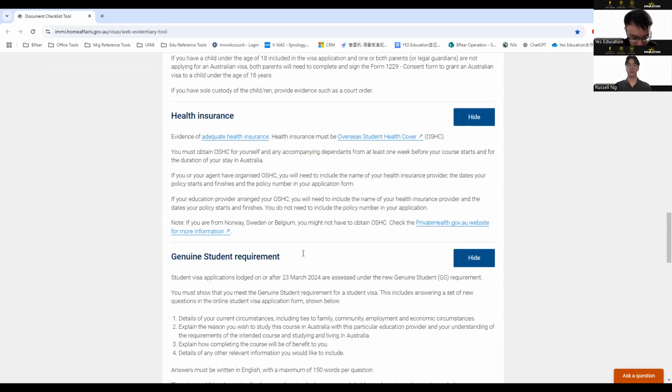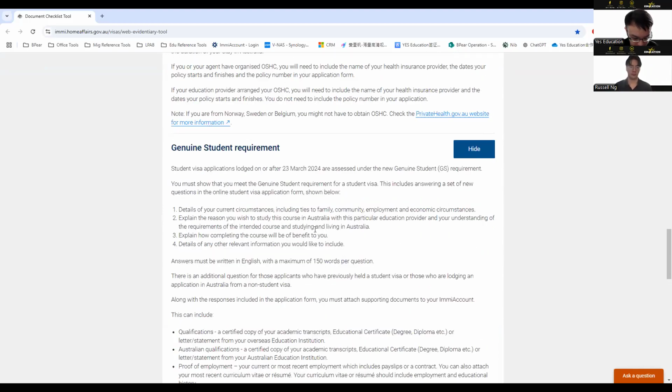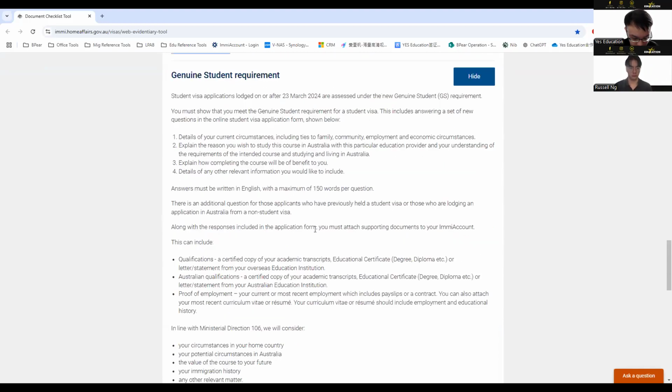Health insurance, genuine student requirement. You will need a statement explaining all the genuine student criteria issues. There is a word limit here: 150 words per question. There are 5 big questions, but we'll talk about that later. You don't really have to worry about that 150 words.